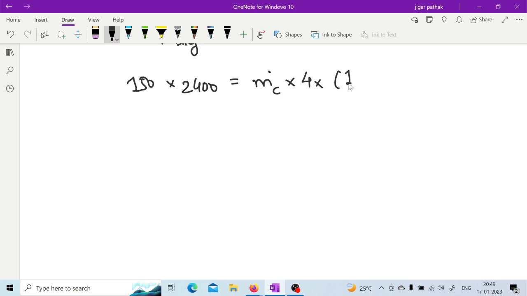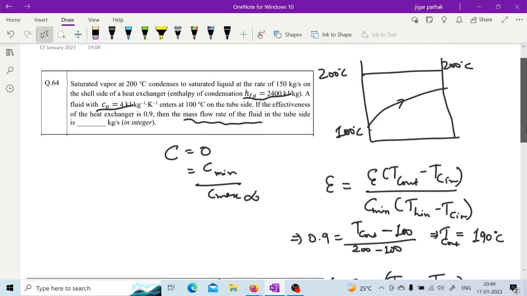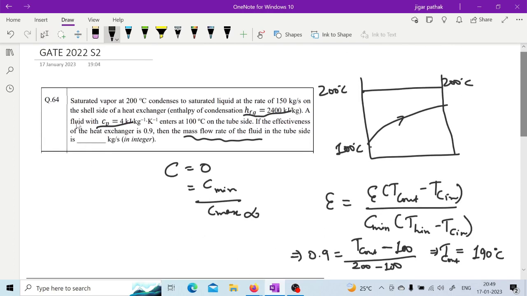TC out you have calculated as 190, TC in is 100. So if you solve this one, then your mc will be equal to 1000. Correct? Yes, sir. Kg per second. So you can write your answer here as 1000 kg per second.